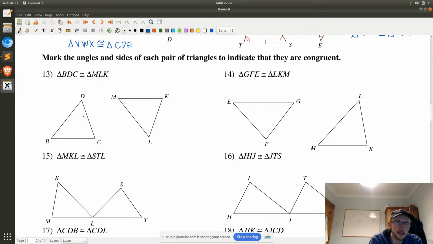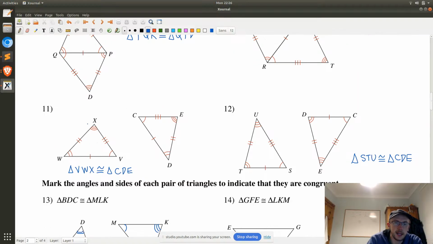So it says or claims that triangle BDC is congruent to triangle MLK. So B, D, C, M, L, K. And now to indicate the sides.